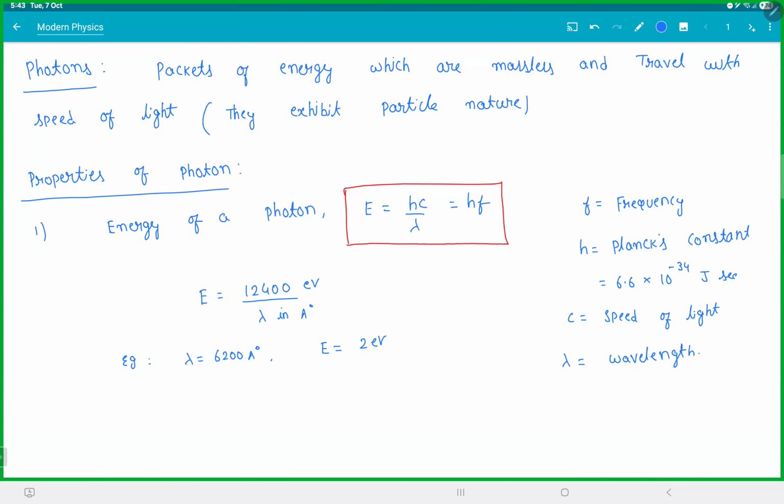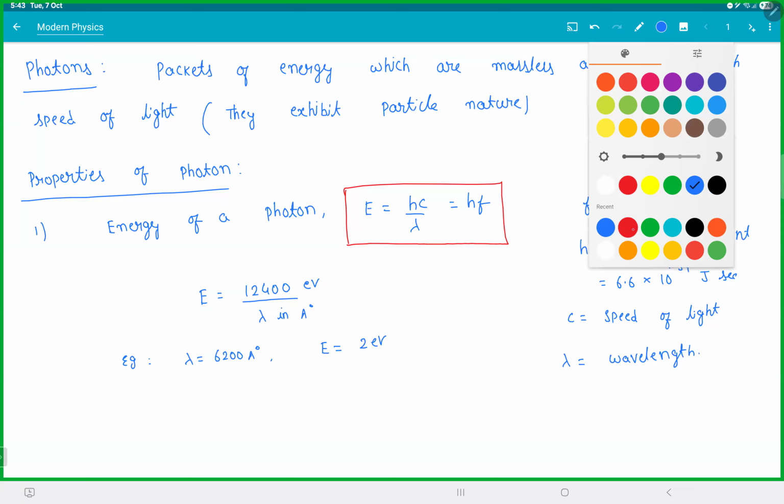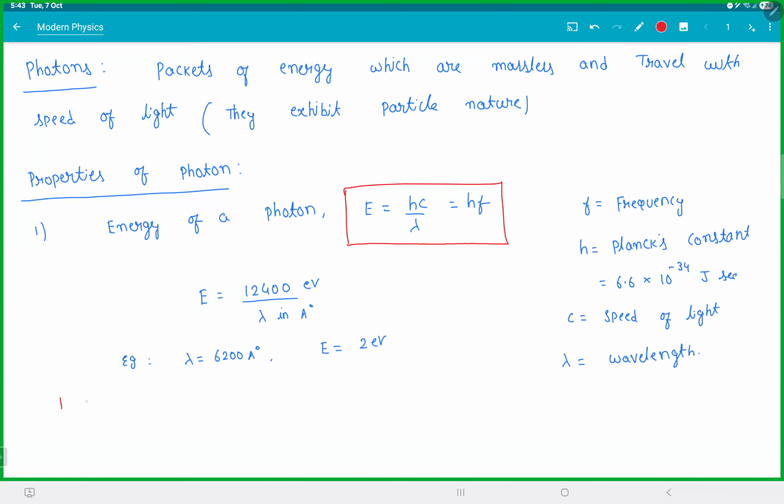What is 1 eV? Actually, you should write this as e into 1 volt. So e is the charge of an electron and 1 volt is the potential difference, like Q into the potential difference. So 1 eV is the energy gained by an electron when it moves across a potential difference of 1 volt. When you say 10 eV, it means if you take an electron across a difference of 10 volts, that is the energy gained.